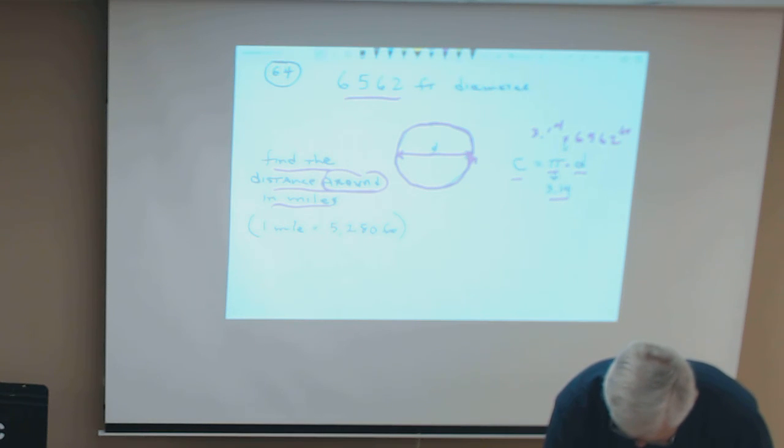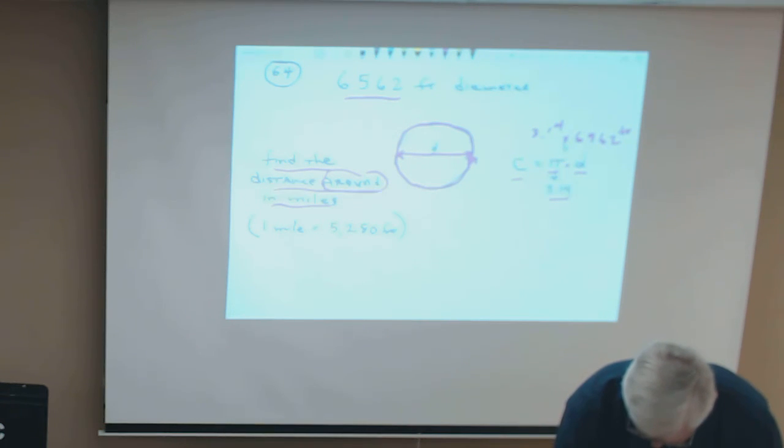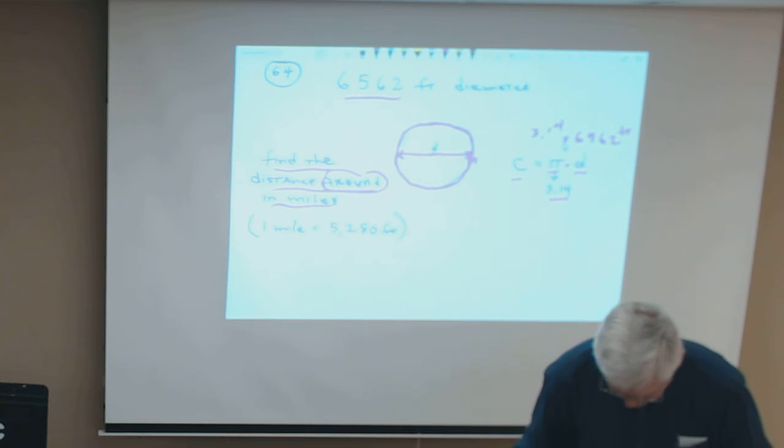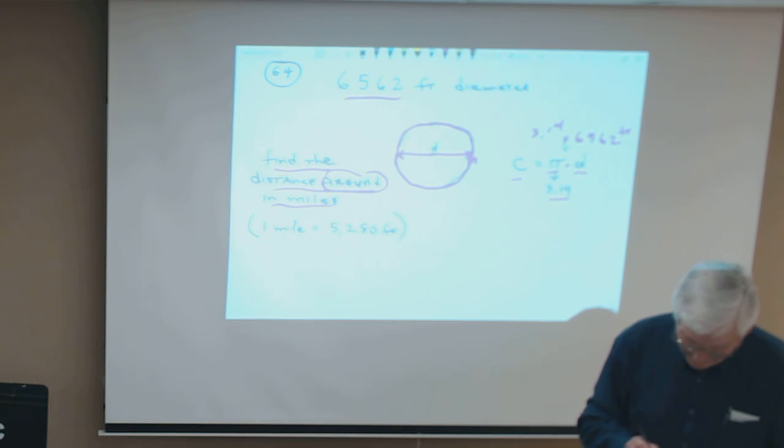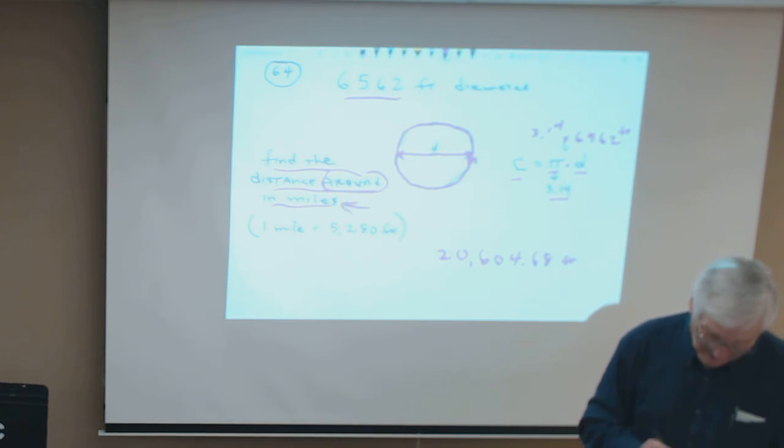You're probably not going to tell me. 3.14 times 6562 equals 20,604.68 feet. So how many miles would that be?